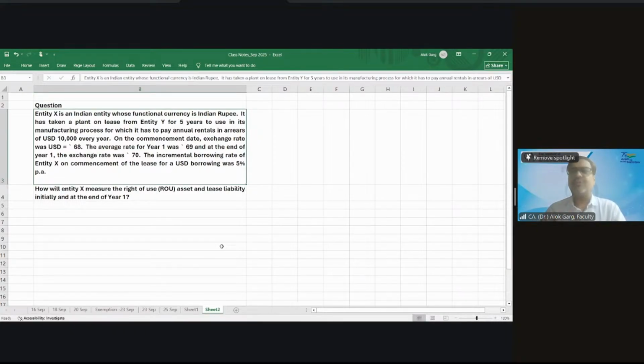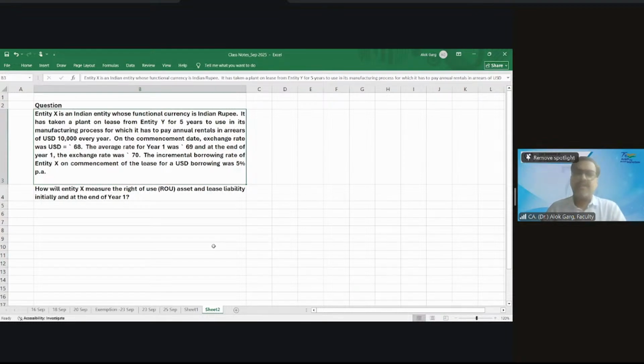To cut a long story short, functional currency is the currency in which the entity is making its primary transactions, the currency in which the major volume of the business is happening.